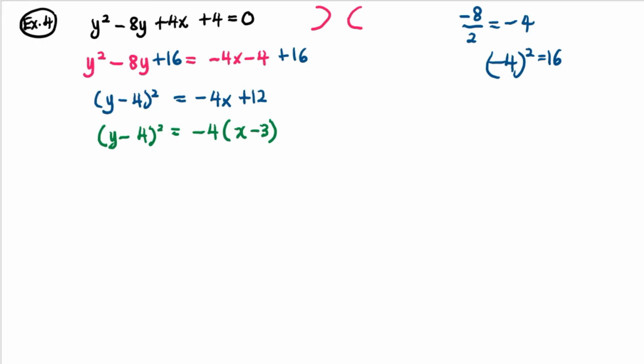When you have this form of parabola, it is of the form (y minus k) squared equals -4p(x minus h). So this is the one that is open to the left.